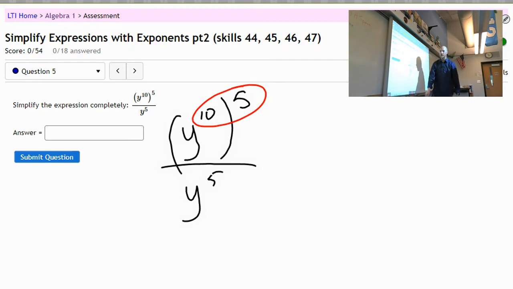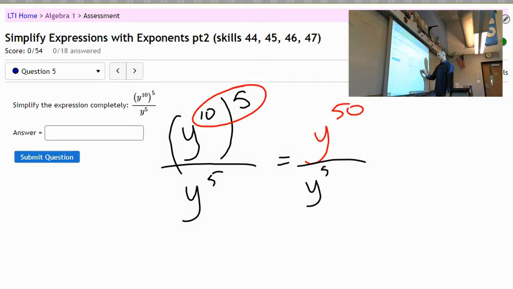So in the numerator, y to the power of 10 raised to the power of 5, that's a power to a power. Multiply those exponents. 10 times 5, 50. There's my numerator, y to the power of 50. And now, the denominator of y to the power of 5. This is a division problem with the same base and exponents.